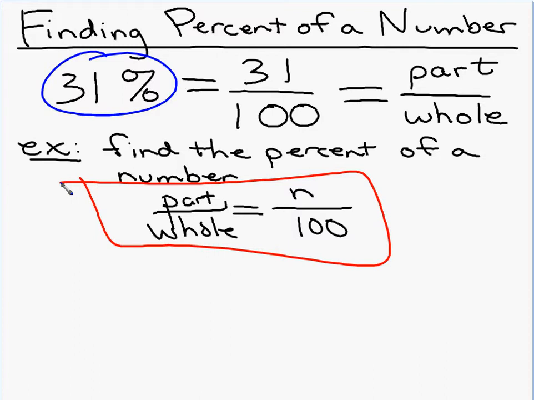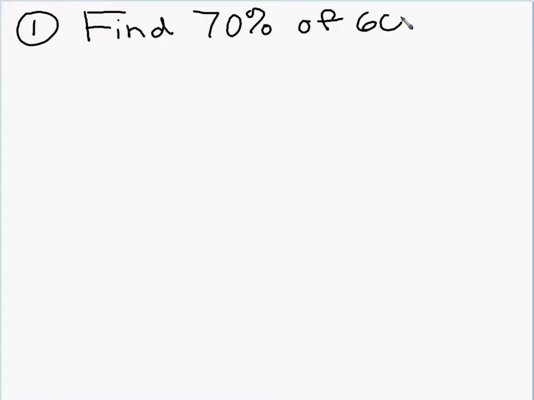Okay? So, if they ask you to find 70% of 60, which is a lot of what you're going to be doing tonight, a problem just like this. Find 70% of 60.